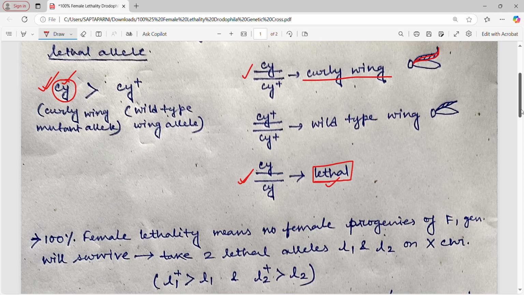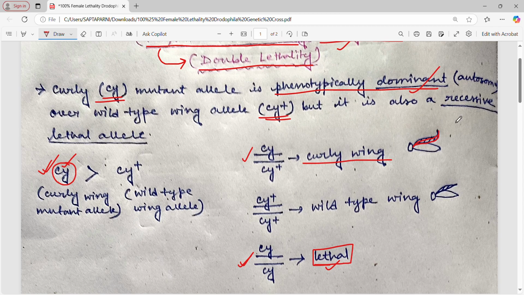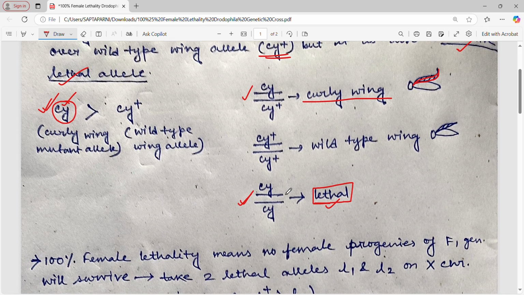See here, though Curly mutant allele is phenotypically dominant over wild type wing allele Cy plus, Curly mutant allele is itself a recessive lethal allele. So in homozygous condition, as Cy is a recessive lethal allele, it is showing lethality. Got it?